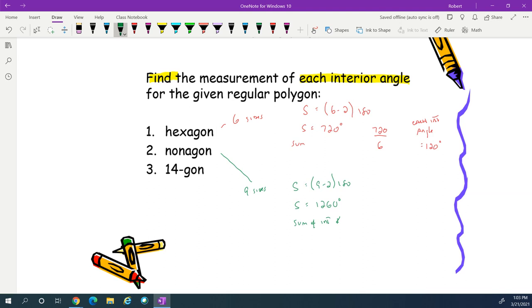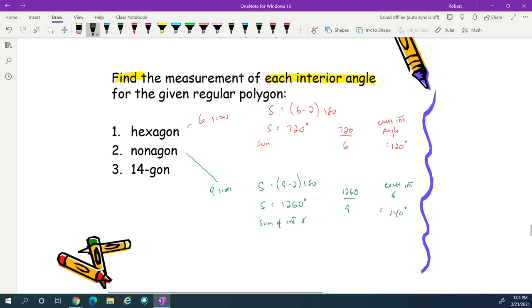We want 1, so 1,260 divided by 9. Each interior angle is 140 degrees. So what did we do here? We found the sum and then divide by how many there are.